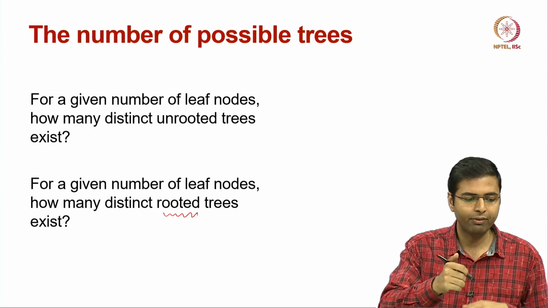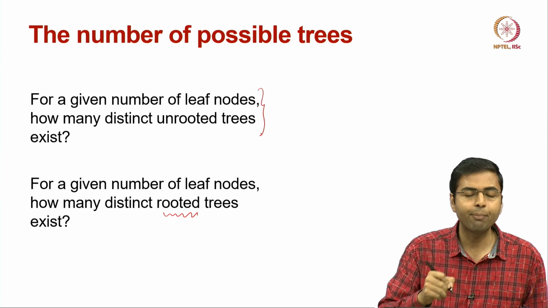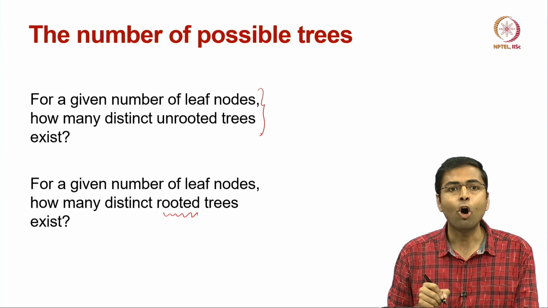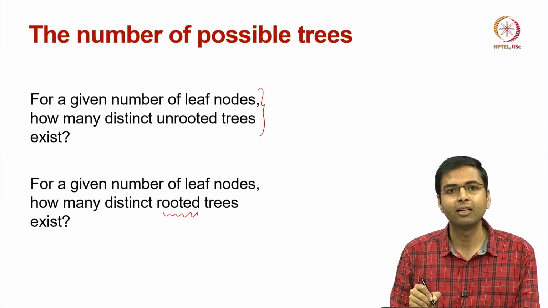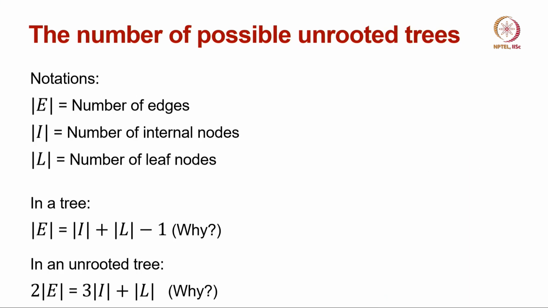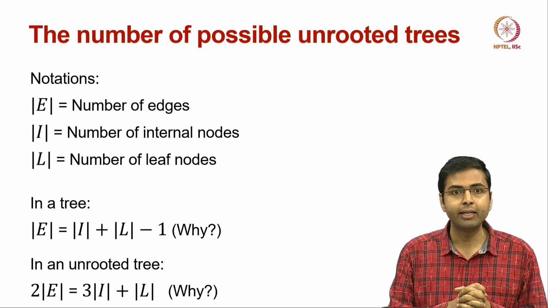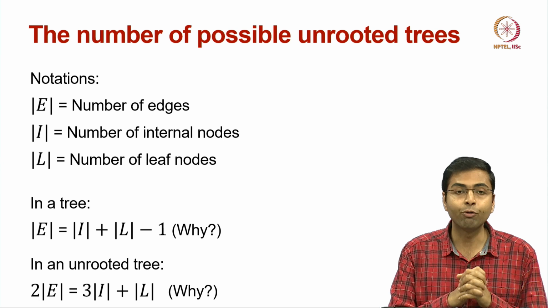So, let us consider the first question: for a given number of leaf nodes, how many distinct unrooted trees can you draw? This requires a simple mathematical analysis. Assume the following notations: let E denote the number of edges, I denote the number of internal nodes, and L denote the number of leaf nodes.